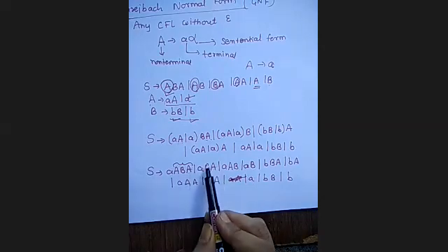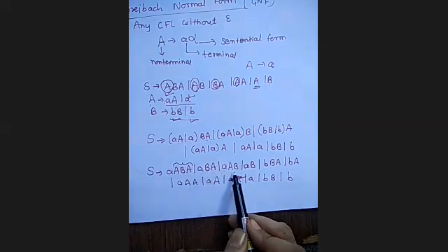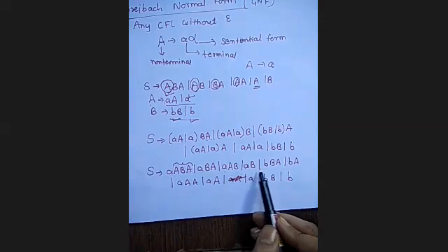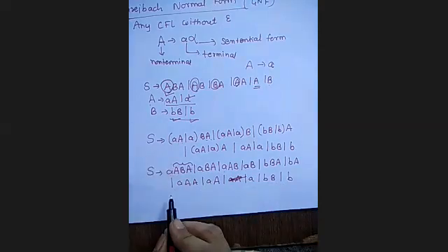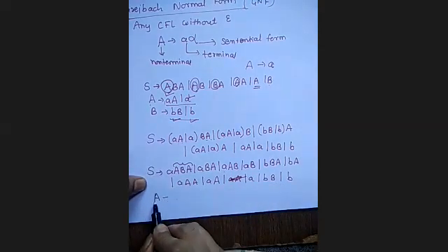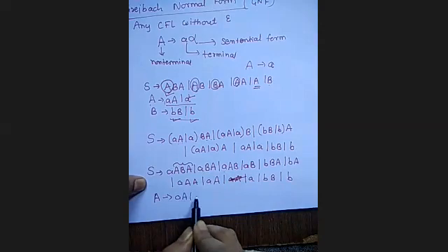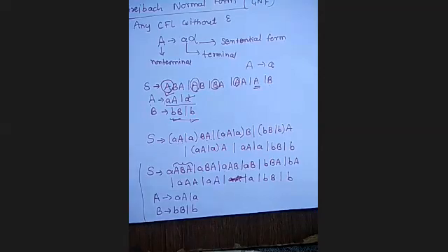In this case alpha is BA, it is starting with a terminal, alpha is AB, alpha is B. So all are valid productions in the GNF. And for A, there is no need to change because it is already in that format. So this is your final grammar.